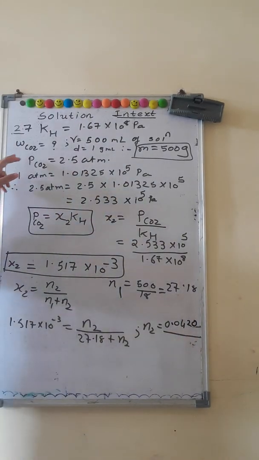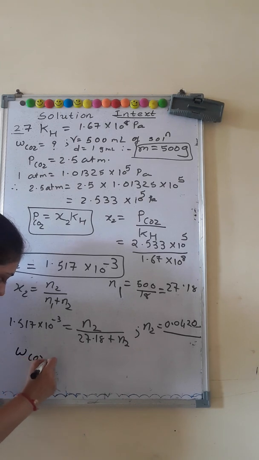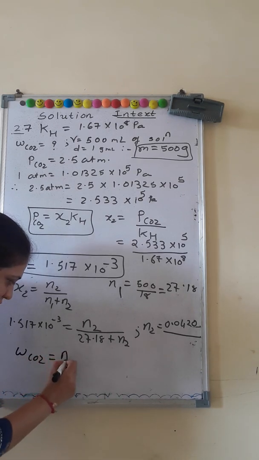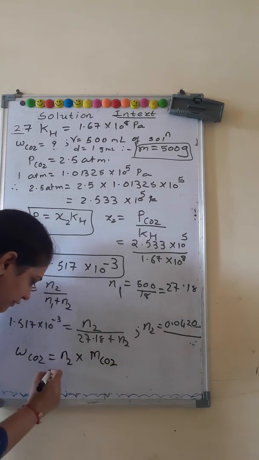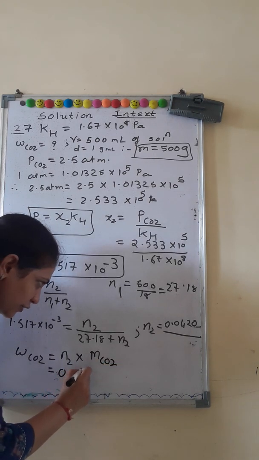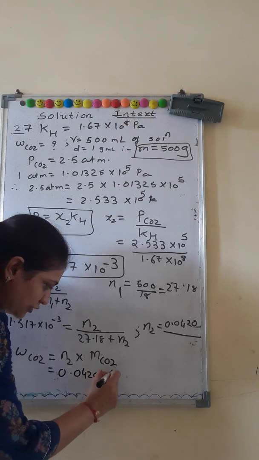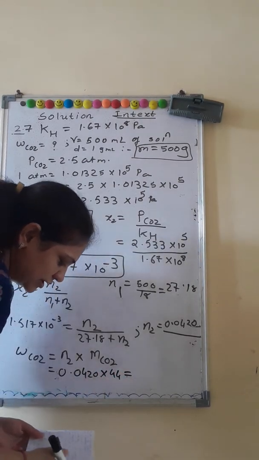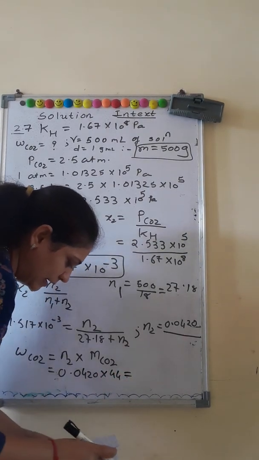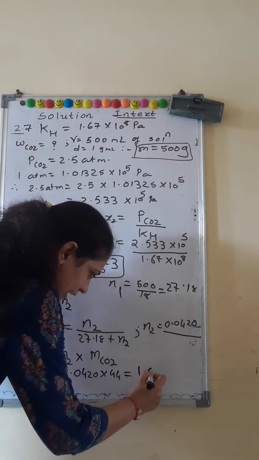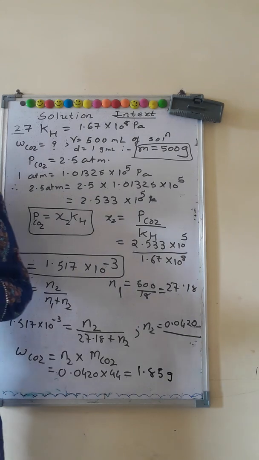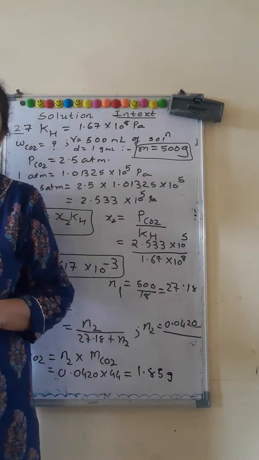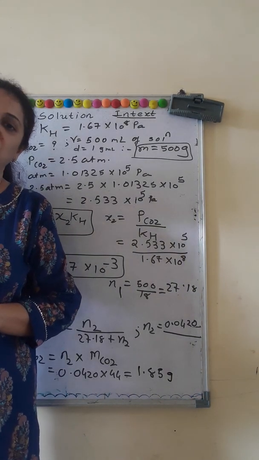But my final answer I require is W of CO2. So W of CO2 is equal to N2 into molar mass of CO2, which is equal to 0.0420 into 44, which comes out to be 1.85 gram. Thus, we reach up to our final answer and we'll do next sum in next video.